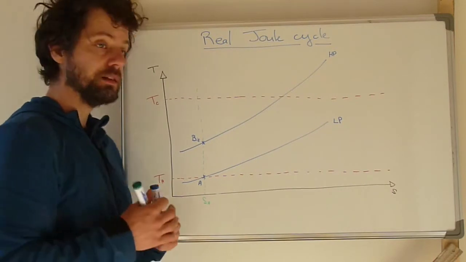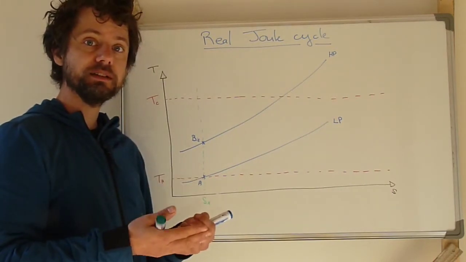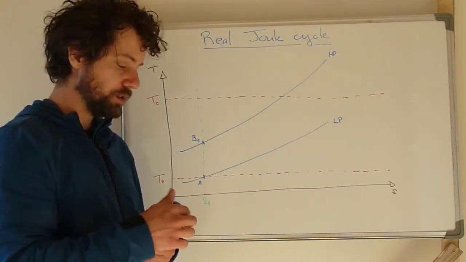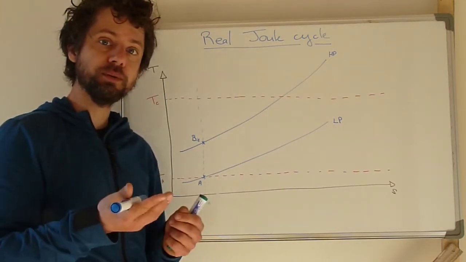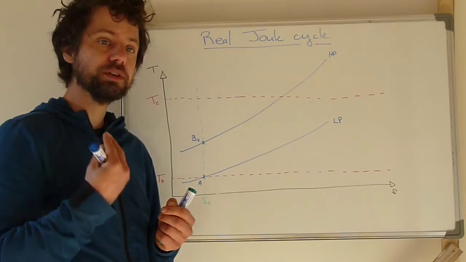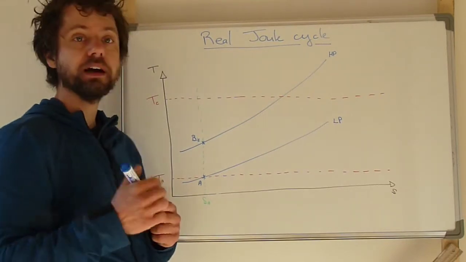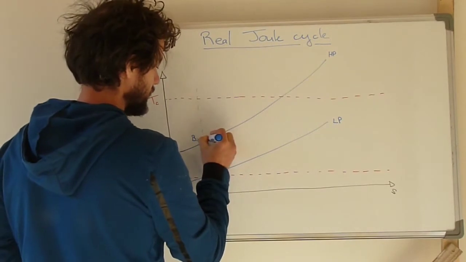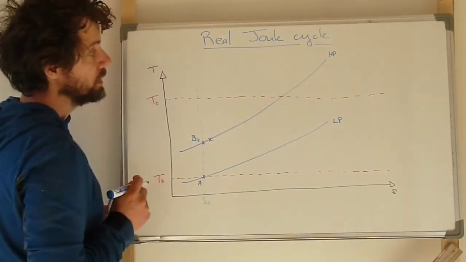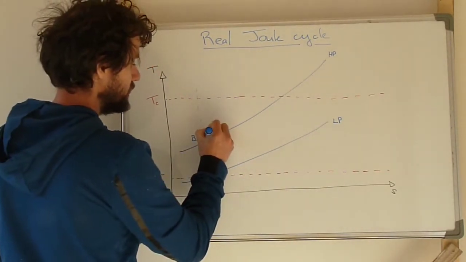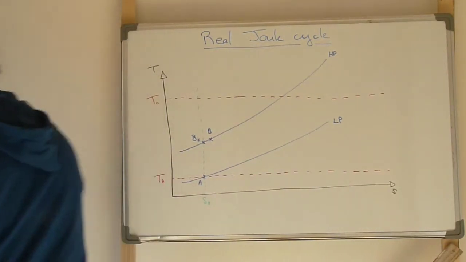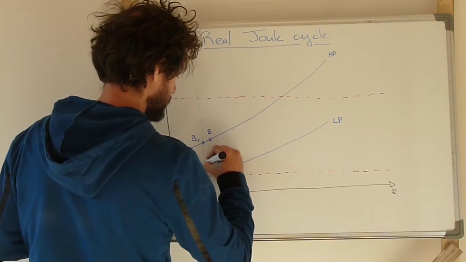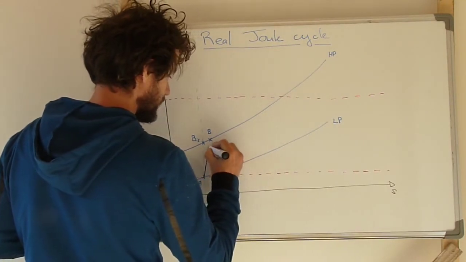In our case now, because of the irreversibilities, the entropy has increased during this transformation, so we know that real point B is at high pressure but at a higher entropy, so somewhere to the right on this high pressure isobaric line. So real point B is somewhere there. So that means that the compression will look something like this.